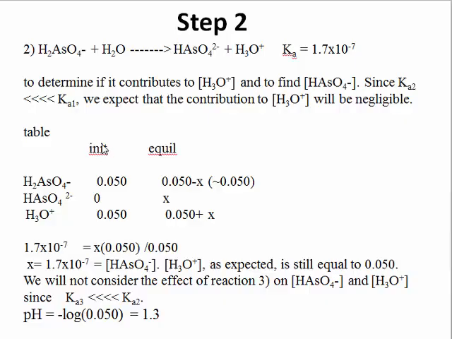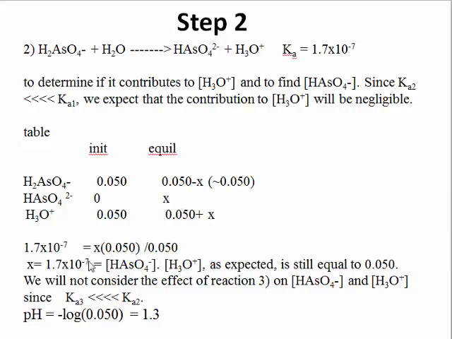Again, as we've seen previously, our initial values of H2AsO4 and hydronium in the ice table are the values that arise from step 1. And we assume a hypothetical situation in which there is no HAsO4 minus initially. Its concentration increases to x.